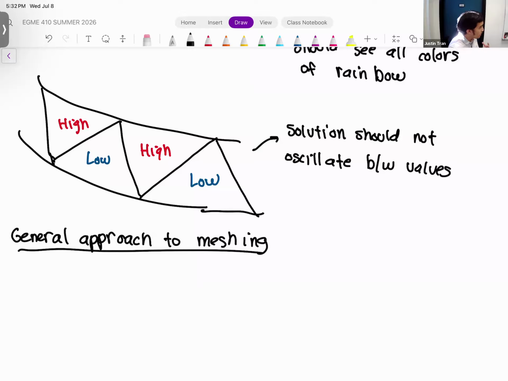Typically, getting a good quality mesh is an iterative process. It usually takes a few tries, which a lot of times you're going to do anyway because you'll be doing a mesh convergence test, but you usually don't get it right the first time.